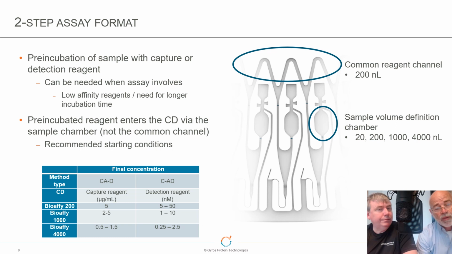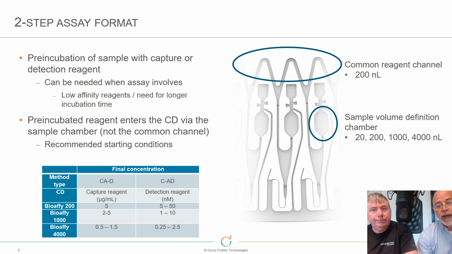What we're pointing out here in the circle above is that the common reagent channel normally is used to add your capture reagent, and you would use 200 nanoliters of capture. In a typical assay format, you want to saturate the column with capture reagent, so we use a relatively high concentration, low volume.